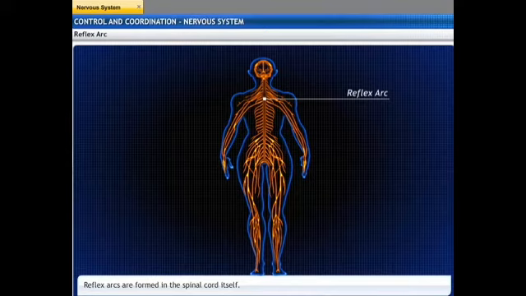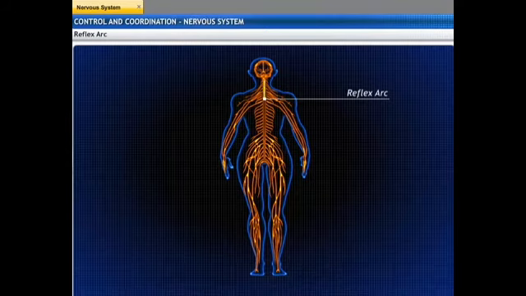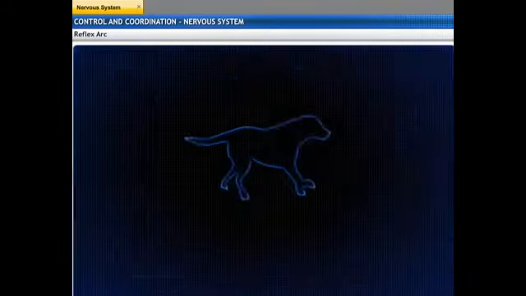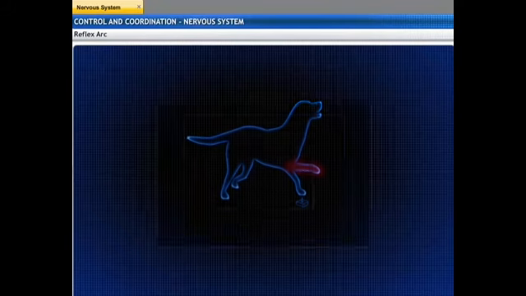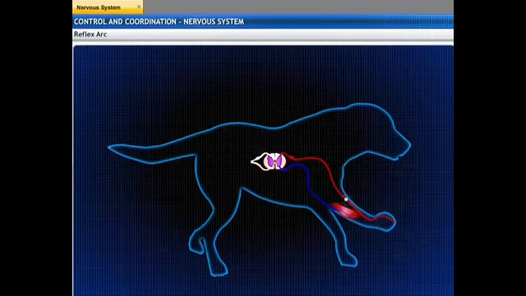Such reflex arcs are formed in the spinal cord itself, and then later on the messages are conveyed to the human brain. Well, in case of the animals, the brain is not working as efficiently as in case of the humans. So the actions are a bit slow.